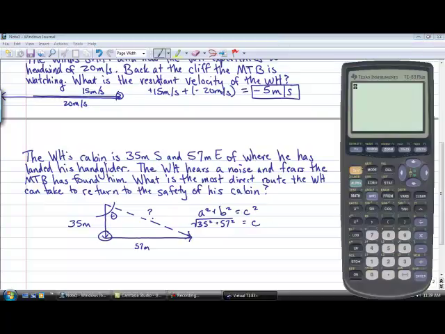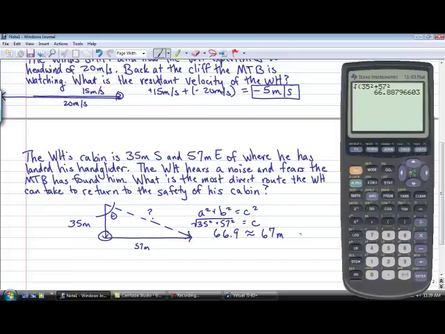I do second function x squared, because that gives me my square root. 35 x squared plus 57 x squared. Hit enter, and that means c has a value of 66.9 or 67 meters with the correct number of significant digits. So he's going to have to run 67 meters.